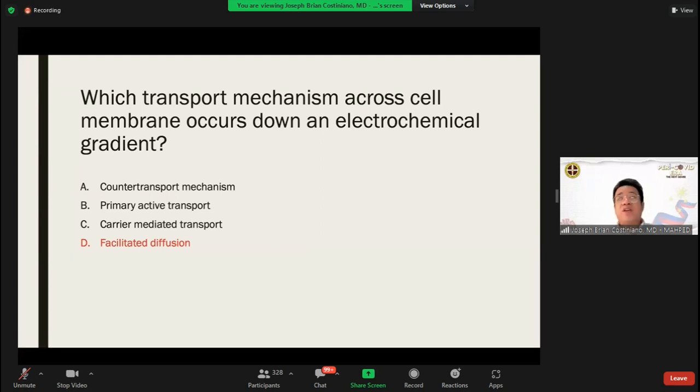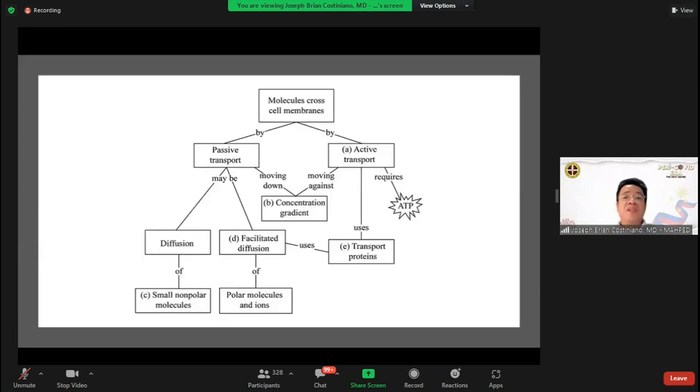Of course, you also take note that if the question is very simple, of course, it will have an MPL of 1. No? MPL of 1 siya. So dapat nakuha mo talaga yung sagot na yon, no? Kung hindi mo siya makuha, sayang. Sayang talaga. Okay, so this is a rough concept map, no, of molecules that cross your cell membrane.